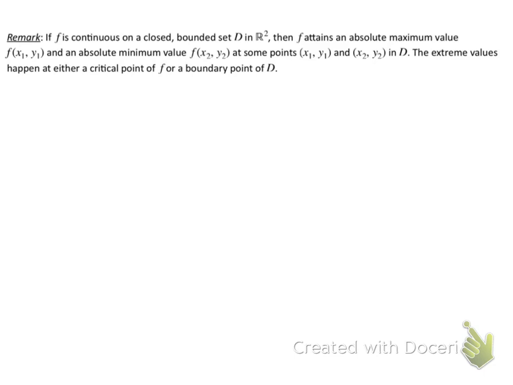And then you compare them, see which actually has the higher value. That point wins. It's easy to say, but actually it's a lot of work when you involve the boundary, because the boundary could be described differently, and if you have a rectangle, then you have 4 sides, you need to try each of them. So I'm not going to do that, but just letting you know that is the game plan.